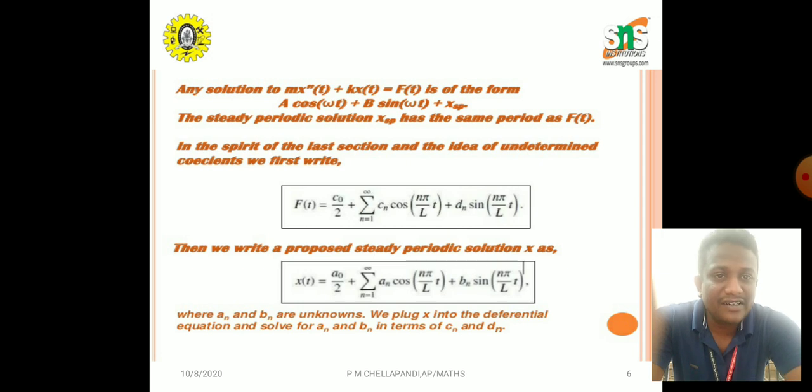Then we write a proposed steady periodic solution x as x of t is equal to a naught divided by 2 plus summation n is equal to 1 to infinity of an cos n pi divided by L into t plus bn sin n pi divided by L into t, where an and bn are unknowns. We plug x into the differential equation and solve for an and bn in terms of cn and dn.